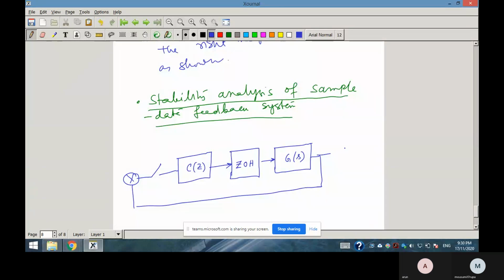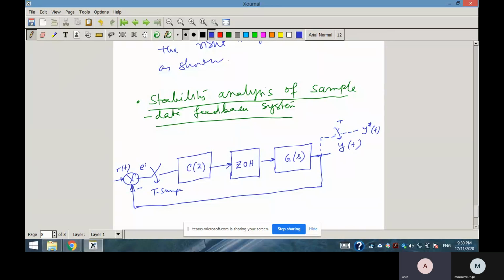This is your y(t), and this is your r(t), negative feedback. So this is your T sampler, and this is also a fictitious sampler that should be there. This is not present in practice, but this is a fictitious sampler that you have to assume for analysis purposes.